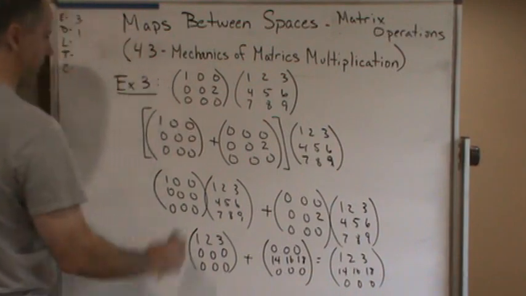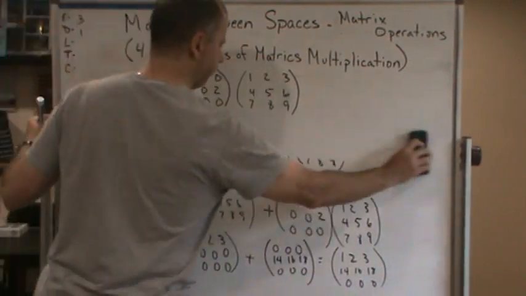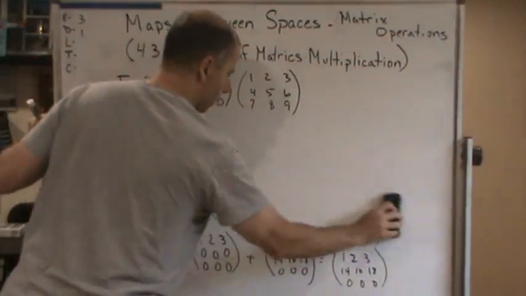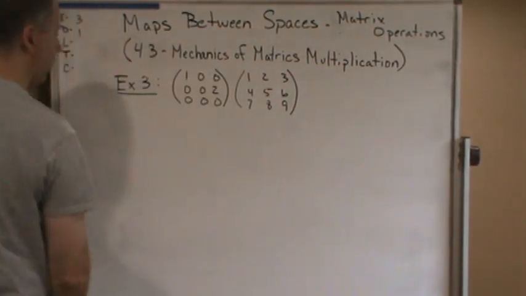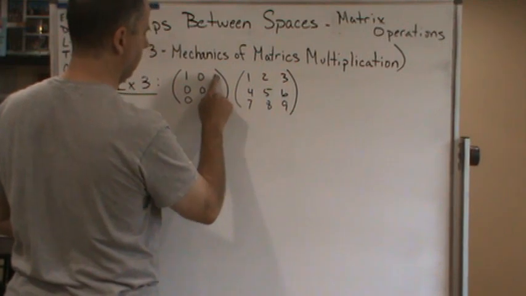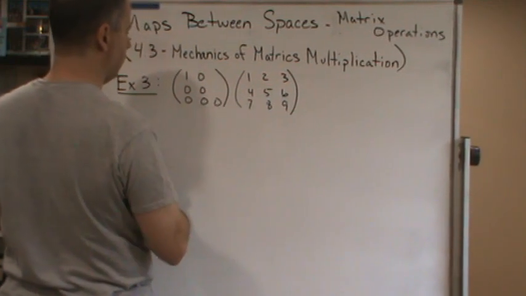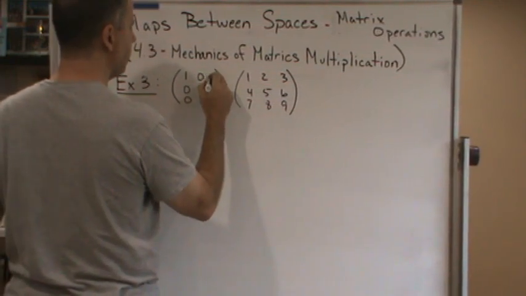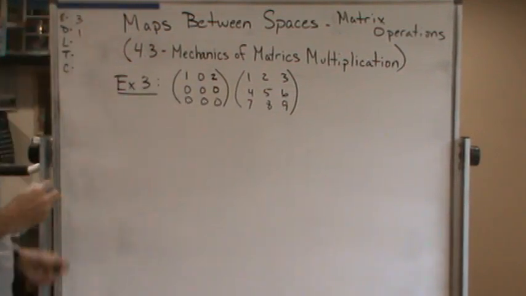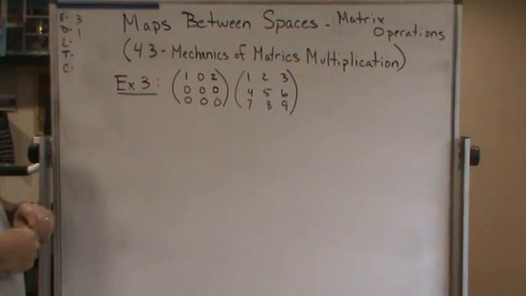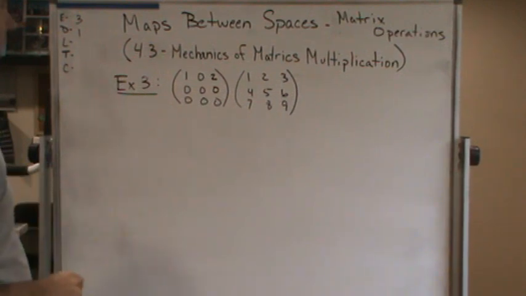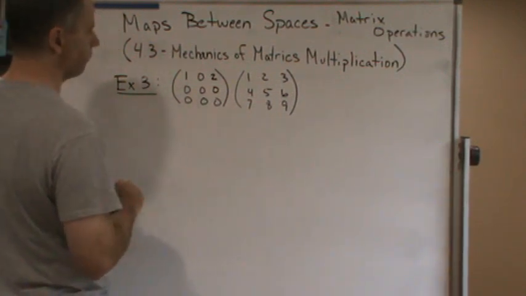Now, so there was no interaction going on there. What if I then changed it up a little bit. What if the 1 and the 2 were in the same row? Then there is going to be an interaction going on, and the result is going to be a combination. Okay? Because what's going on here?